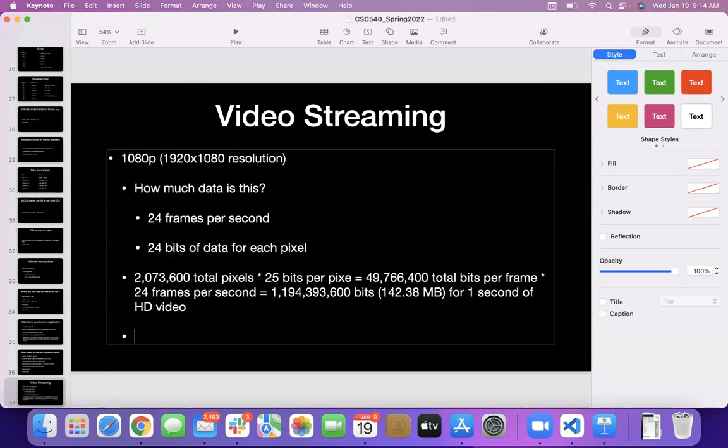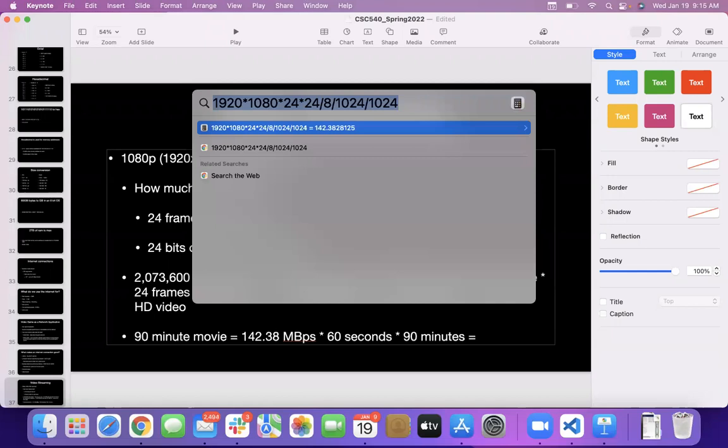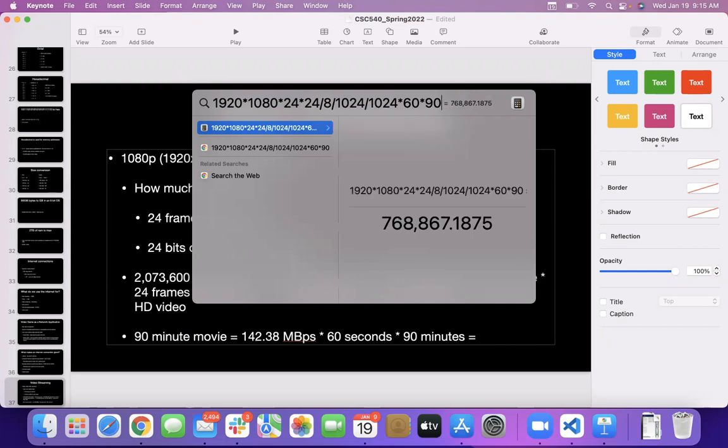All right. So now for a 90-minute movie, that's 142.38 megabytes per second, times 60 per minute, times 90 minutes. So times 60 times 90.